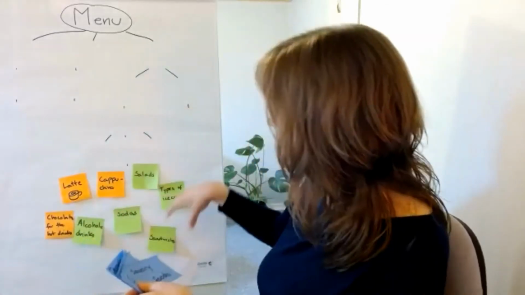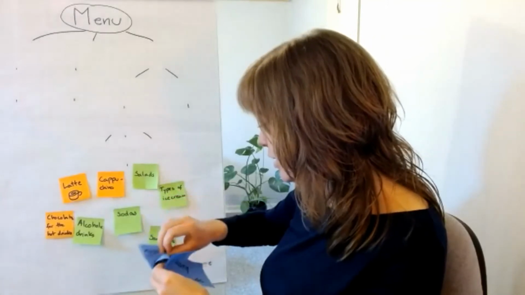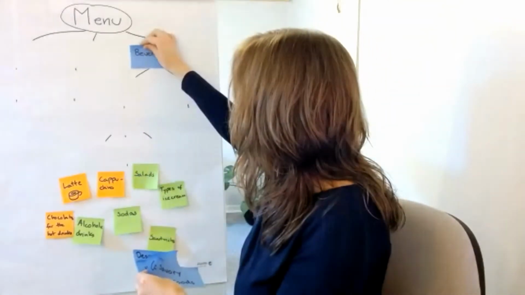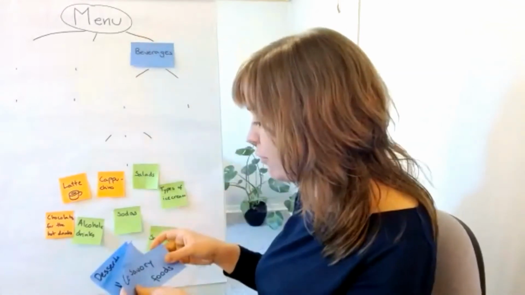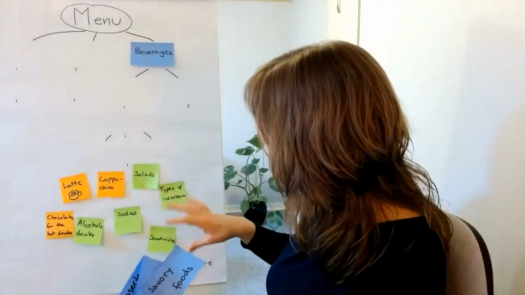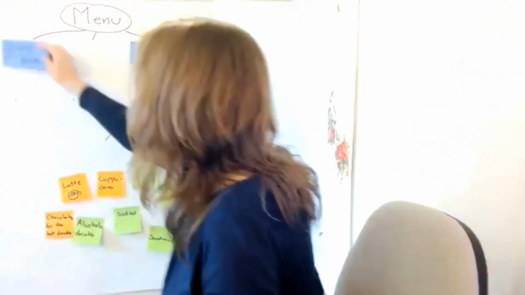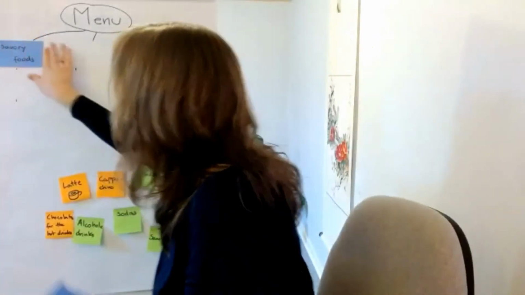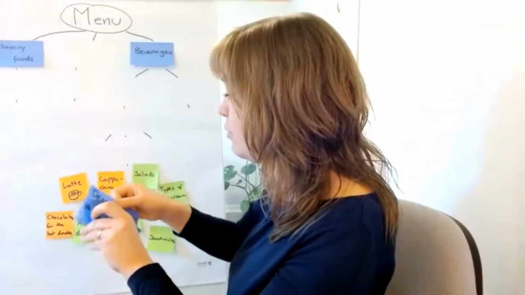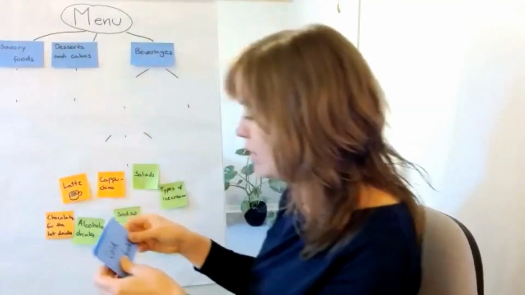So we see that here there are both drinks, we have beverages, and then we have food. And when we look at it, we see we actually have different kinds of food that we could distinguish from the beginning. So we have savory foods, and we have sweet things like desserts and cakes.